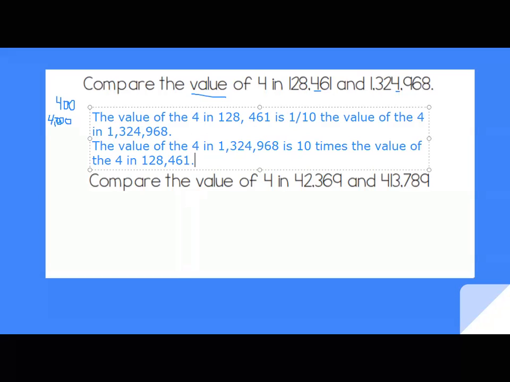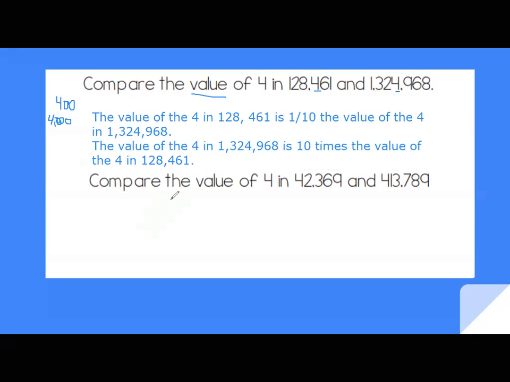So we're comparing them both ways. If we compare the smaller value to the larger value, we're going to say that it is 1/10 the value. And if we're comparing the larger value to the smaller value, we're going to say that it is 10 times the value of the number.